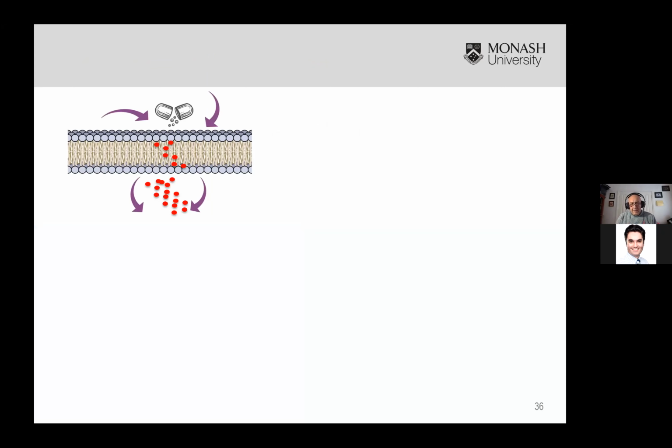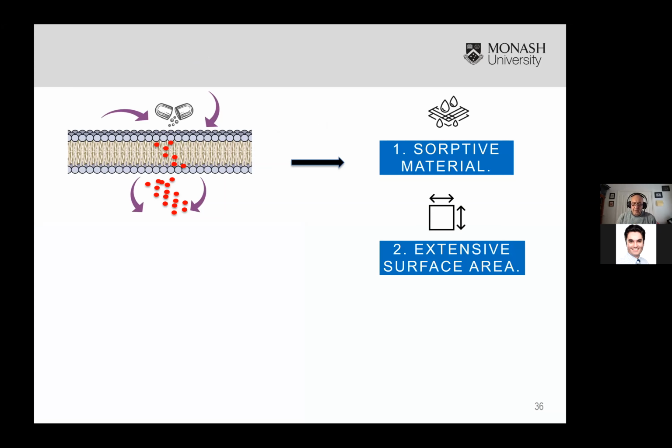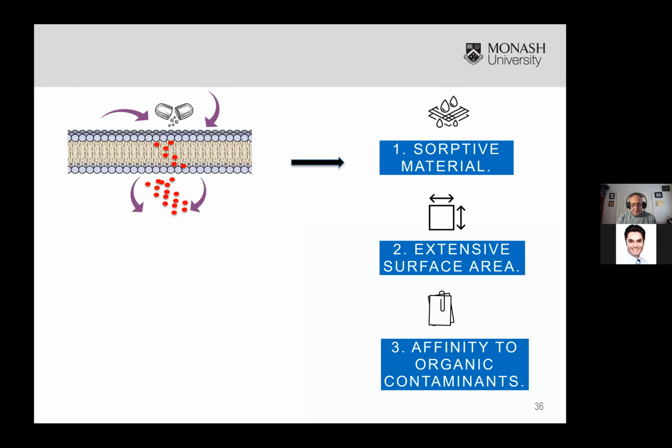Now, imagine for a moment that we take our GCL as commercially available, and we know that sorption is an issue when it comes to organic pollutants, and we modify the material by adding to it a sorptive material, which might have a very extensive surface area, higher than bentonite, for example, and can have pretty good affinity to organic contaminants.